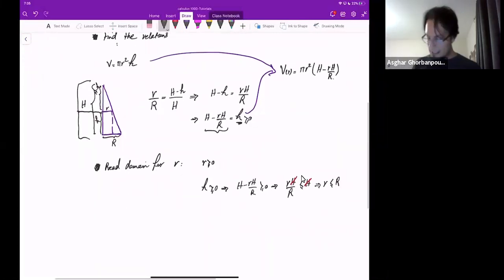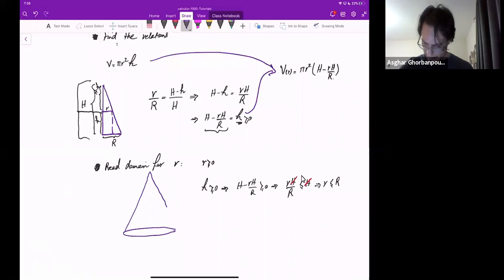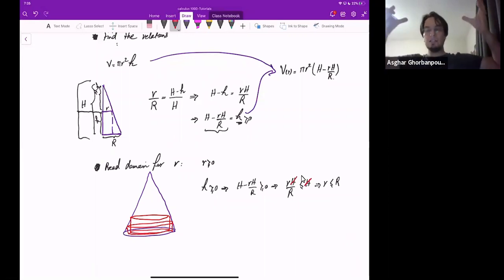One other way of seeing that is that when you have this cone here, you can fit in different r's, yes? So for example, we can fit in this cylinder there, or I can increase that. How far can I increase? I can increase it until the r is the radius of the base of the cone.